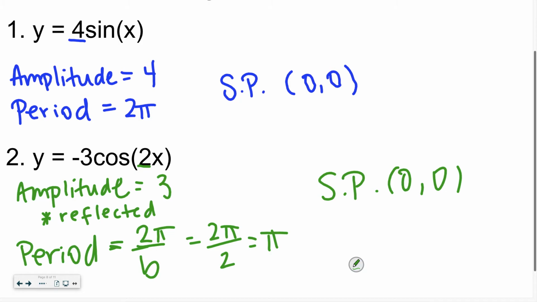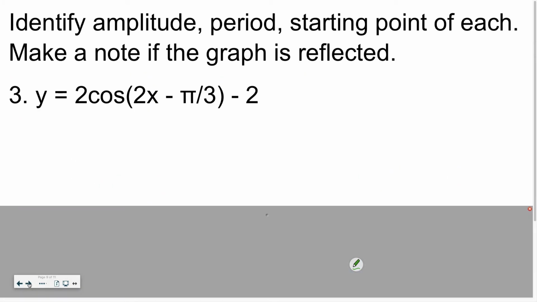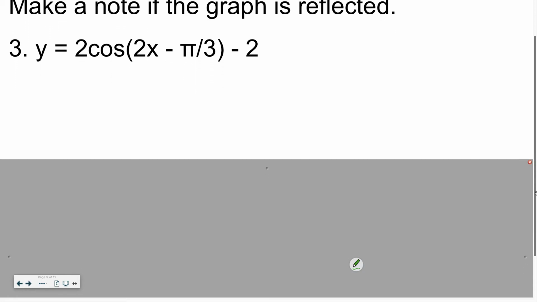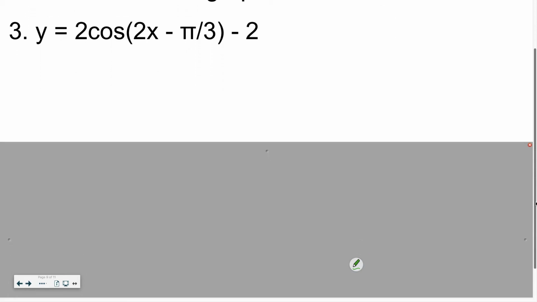All right. Can we round up a little bit more? Like maybe throw some C's and D's in there? All right. Example number 3. This has got it all, doesn't it?